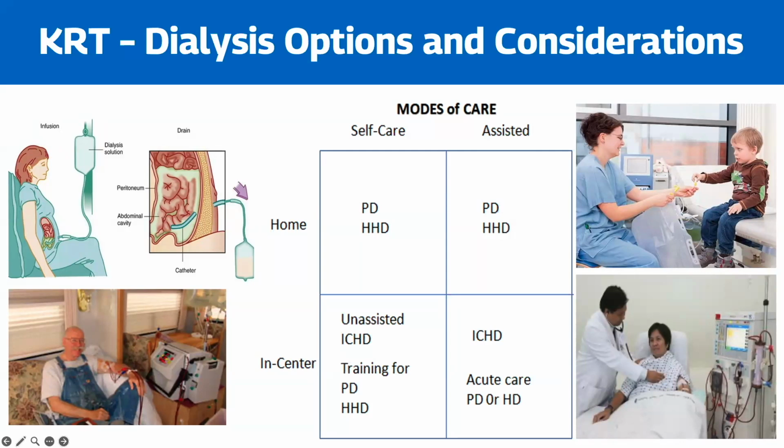Training for both PD and home hemodialysis begins at an in-center facility. Assisted dialysis on the right, whether it be hemodialysis or PD, is performed by a trained caregiver and can be either in the home or a medical setting, such as a skilled nursing facility.